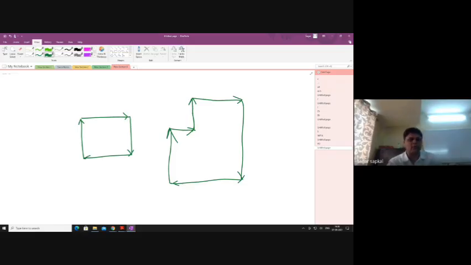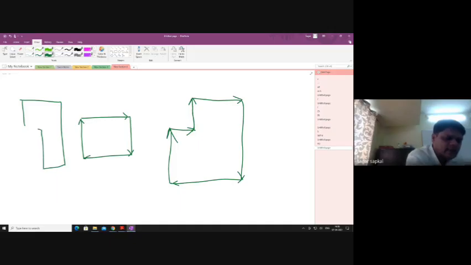This is also perfectly okay. If from here I am starting, suppose I am going up, then this way, then this way, then this way, then this way, and coming back to the original position, then this is also a loop. Are you getting? This is called as closed loop.